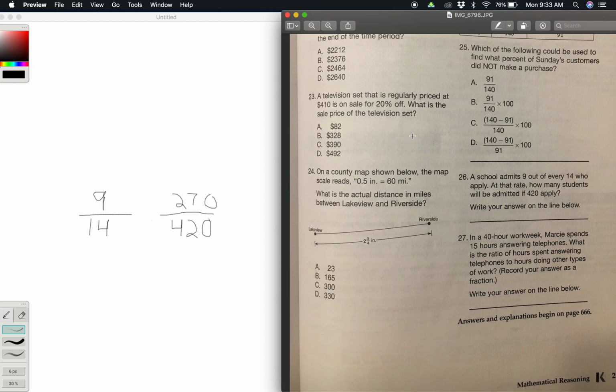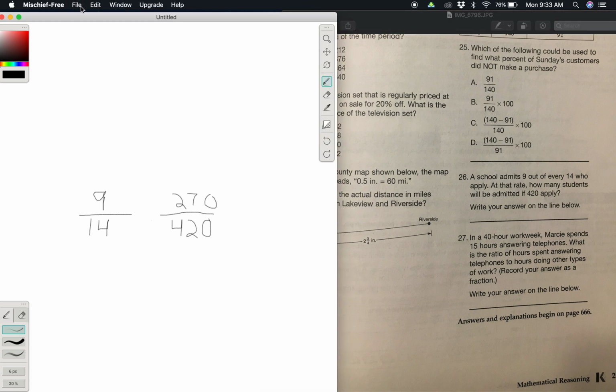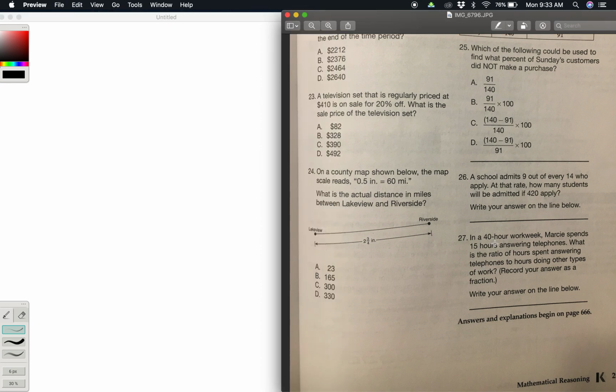And the last one, clear this page. Okay, so in a 40-hour work week, Marcy spends 15 hours answering telephones. What is the ratio of hours spent answering telephones to hours doing other types of work? Okay, so it says record your answer as a fraction. We know that the total amount here is 40.